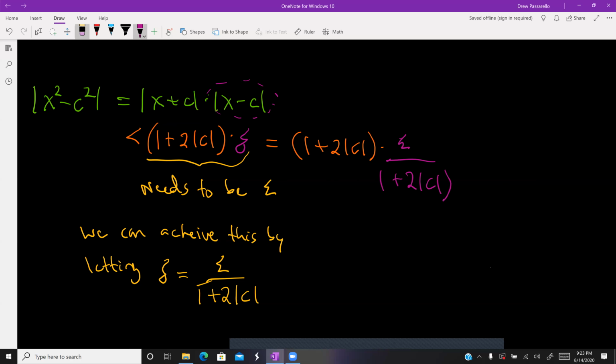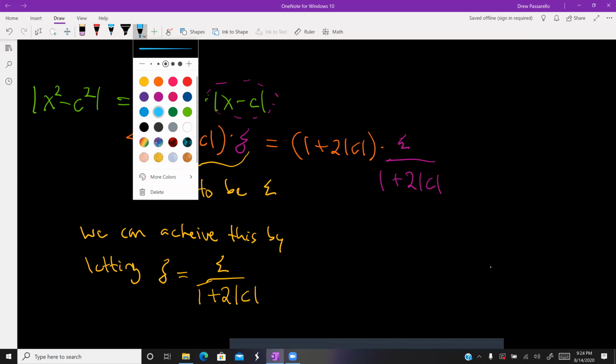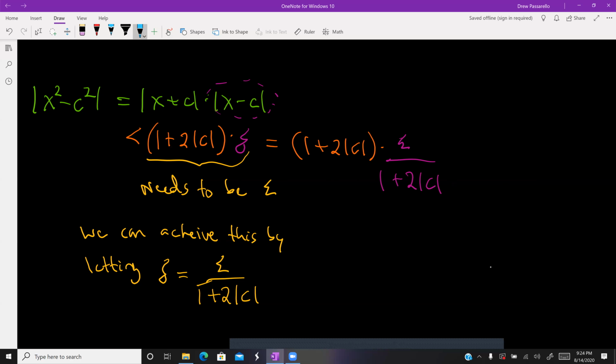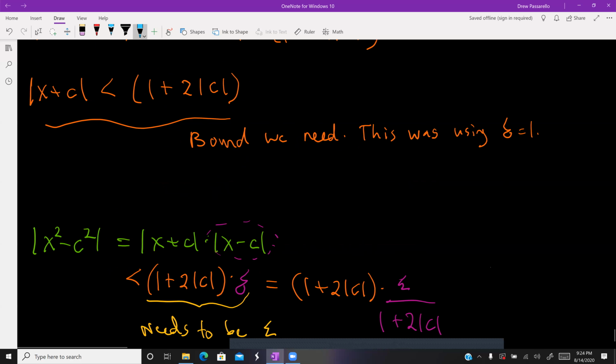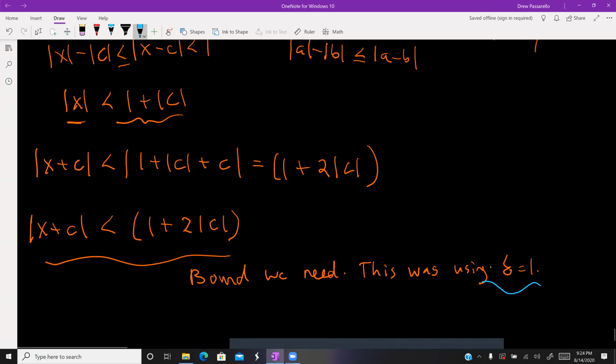So that way we get epsilon. All right, that's how we're going to choose our delta. And so we have two deltas going on here. This is one of our deltas, and the other delta was using 1.